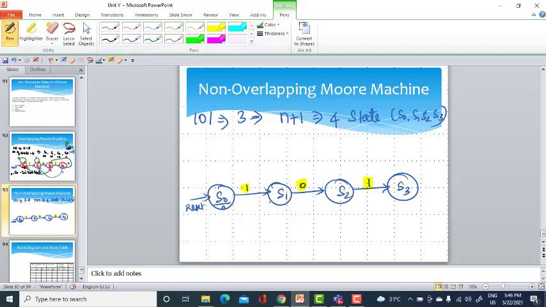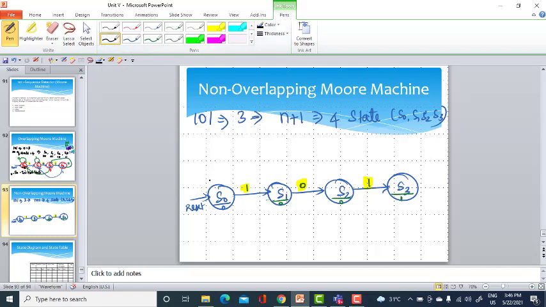When you receive 1, your output is 0. When you receive 0, your output is 0. Only when you receive the correct sequence 1 0 1, your output will be 1. In the Mealy machine model, output depends on the present state and input, so the output will be mentioned along the transitions.